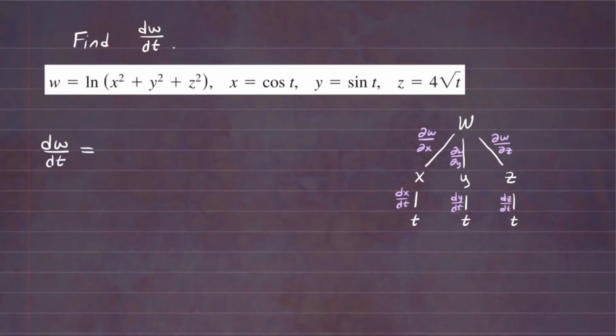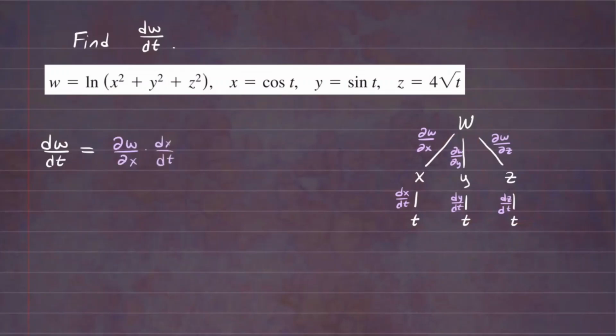So now if I want dw dt, well, t is involved in all of these paths. So we want the product of this plus the product of this plus the product of that. So we're going to have 3 terms in our dw dt. We'll have partial w with respect to x times dx dt.